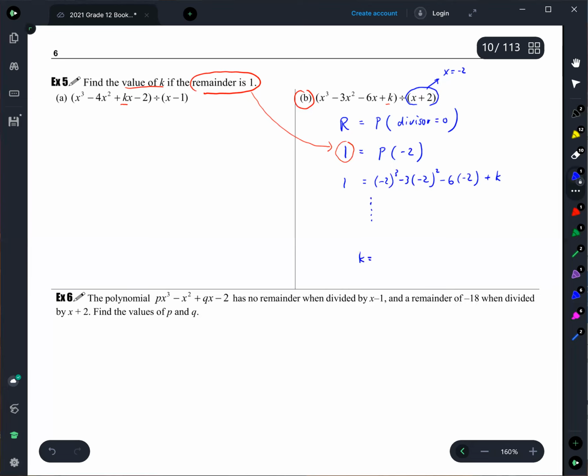So I'll let you finish this up, okay? Once you got a k, please raise your hand. For this one, you should get an integer answer. So follow the order of operations, simplify it, and isolate k.